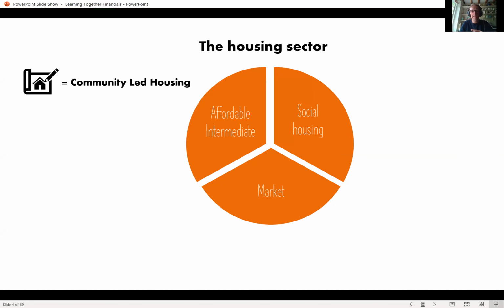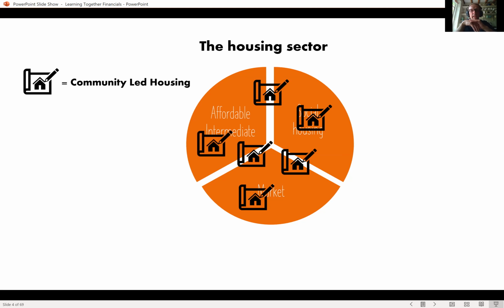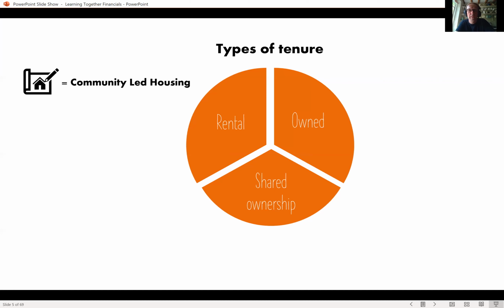We don't work that much with groups in the market rate sector, but community-led housing exists in all these parts, and in some cases they cross between them, and that's a decision that a group is going to have to make quite early on in terms of the financing and generally in terms of what sort of project they want, whether it's just going to be social housing, market rate, or something in between, or a bit of both. Some of the projects that I'll be talking about later on fit in those categories.